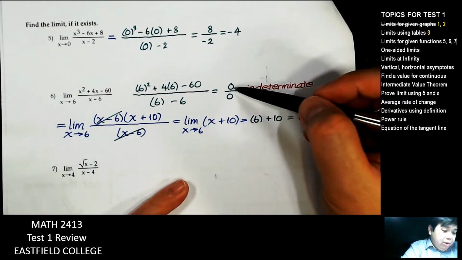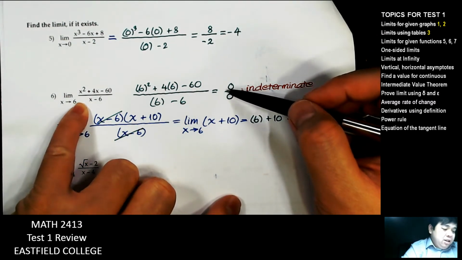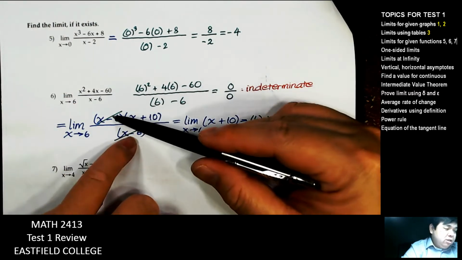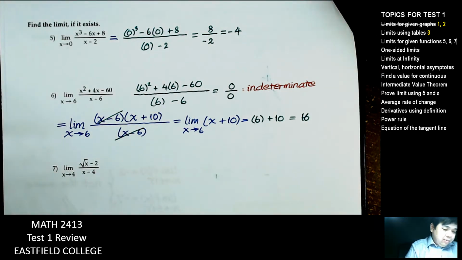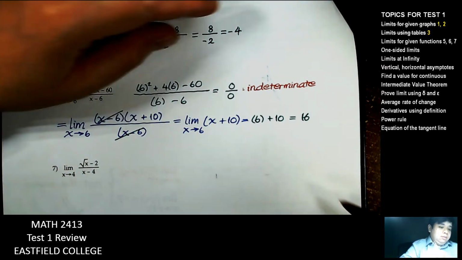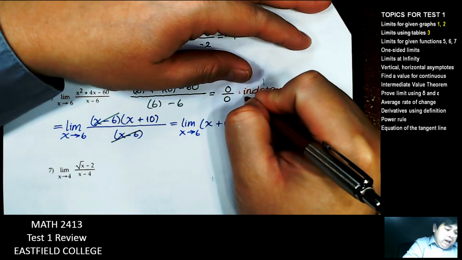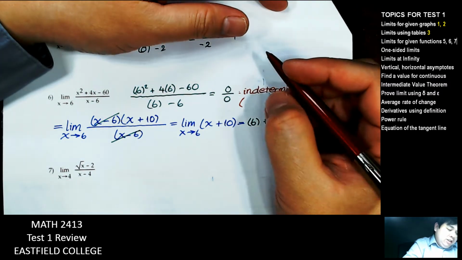So if we have 0 over 0 at some certain values of x, then x minus that number is a common factor. It is indeterminate, and the solution to that is, of course, to try to factor.